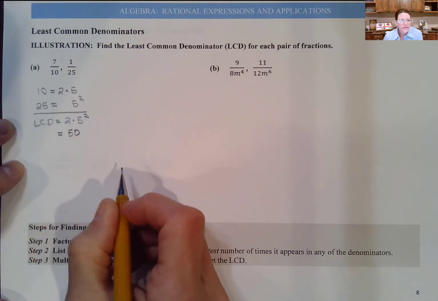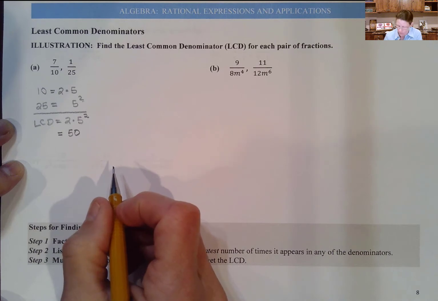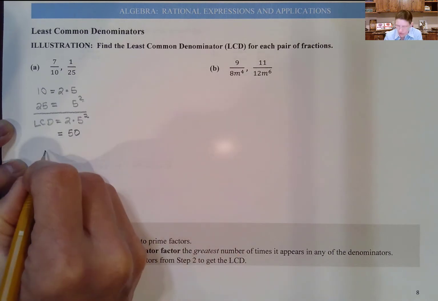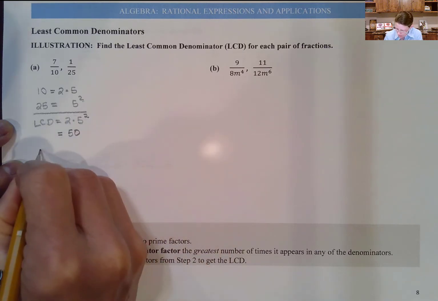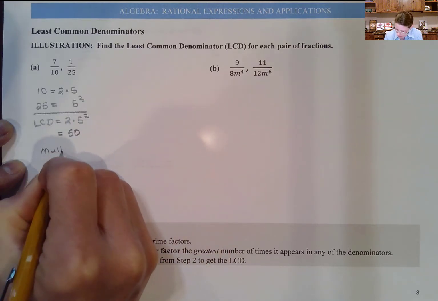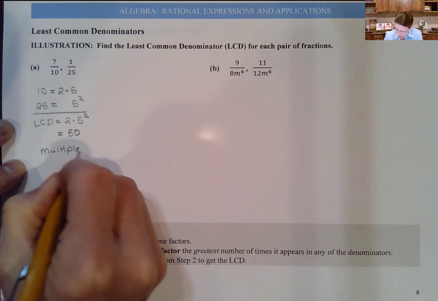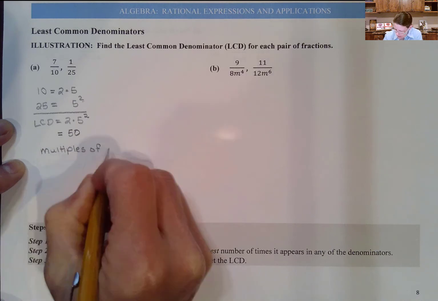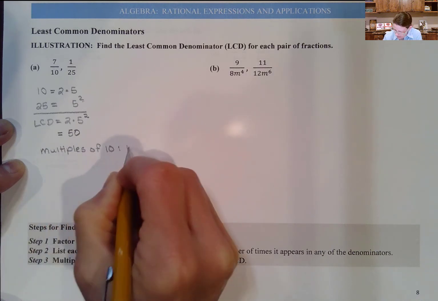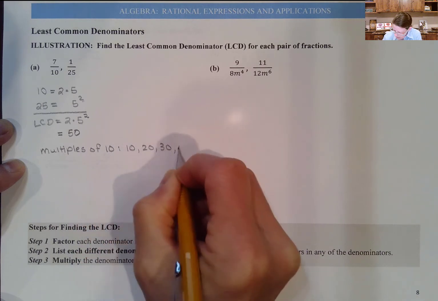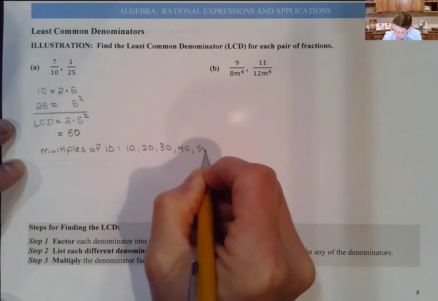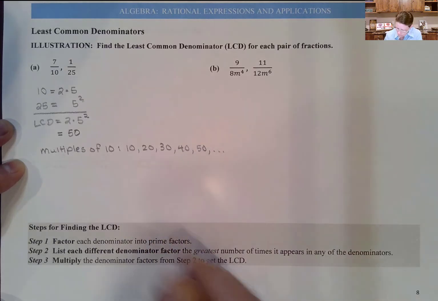Now, another way to find a least common denominator for numbers is just create lists of multiples. For example, the multiples of the number 10 are 10, 20, 30, 40, 50, and so on.